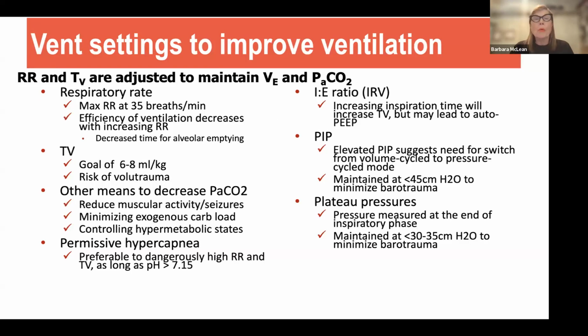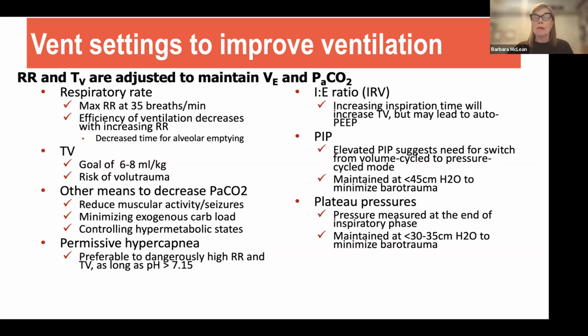So always really important to remember that vent settings that we use to improve ventilation, there really are 3. The first one, of course, is respiratory rate. And typically, we don't ever want to set on a standard ventilation, that means on assist control or SIMV, whether it's pressure or volume targeted, a respiratory rate greater than 35 times a minute.